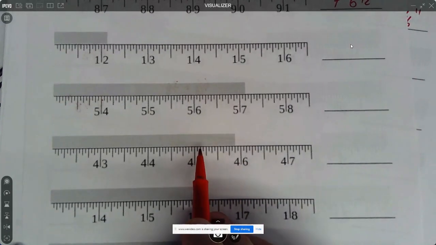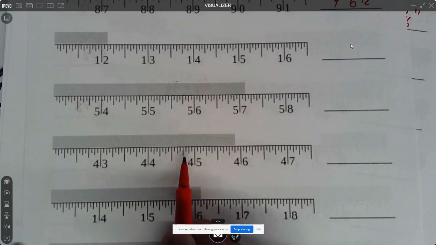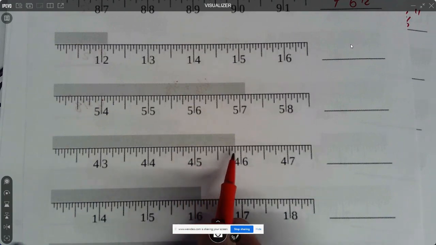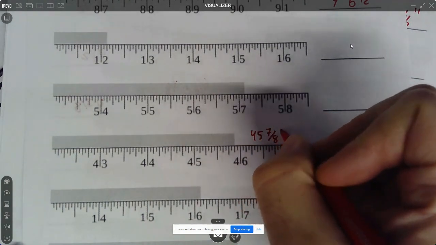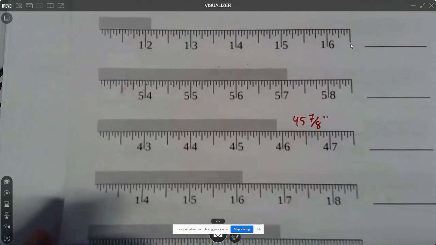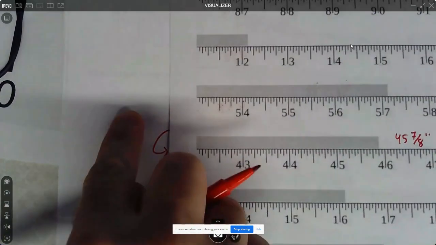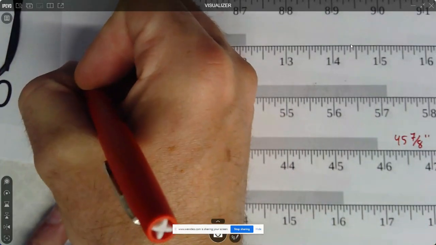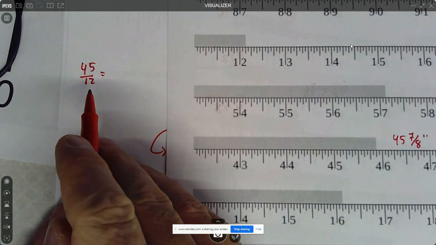So going down here, we'd see that this is 45, and that's a 7/8. You could also say 45 1/8, 2/8, 3/8, 4/8, 5/8, 6/8, 7/8. So that's 45 7/8 of an inch. Just showing the calculation part here, I'll show that off to the side. So we have 45 divided by 12.